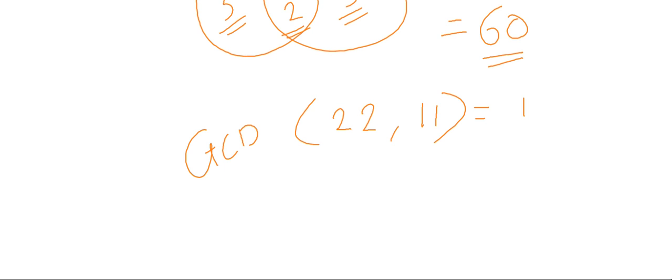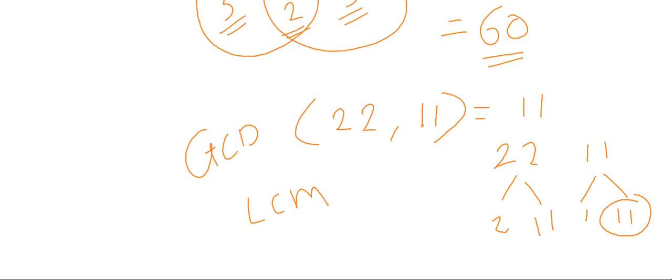It's 11. And what is the LCM? If you write the factors of 22, it is 2 and 11, and the factors of 11 is 1 and 11. So that's the GCD. And what is the LCM? 2 into 11, which is 22.